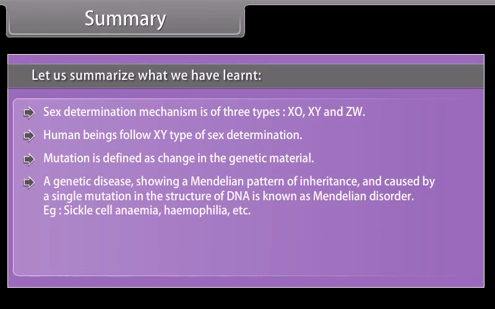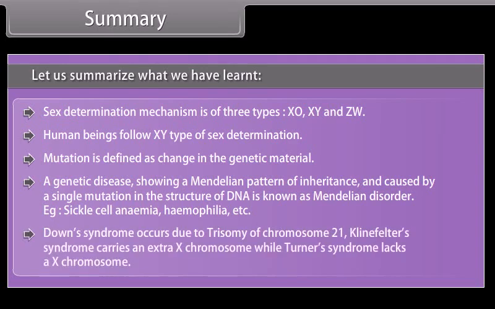A genetic disease showing a Mendelian pattern of inheritance and caused by a single mutation in the structure of DNA is known as Mendelian disorder. Example: sickle cell anemia, haemophilia, etc. Down syndrome occurs due to trisomy of chromosome 21. Klinefelter's syndrome carries an extra X chromosome, while Turner's syndrome lacks an X chromosome.